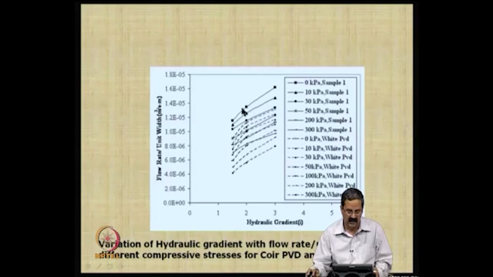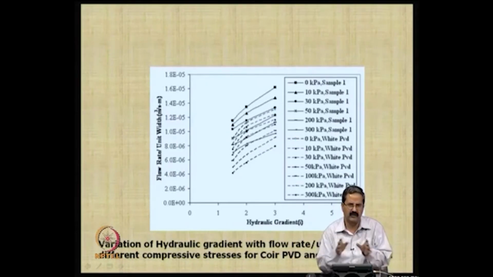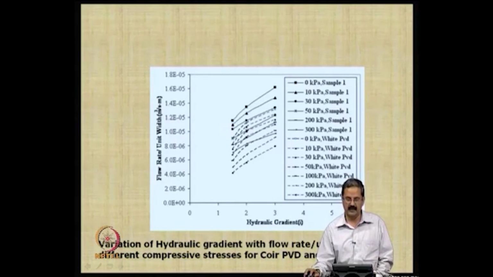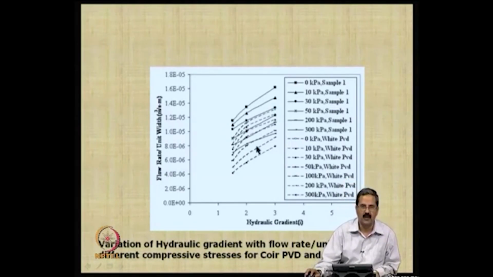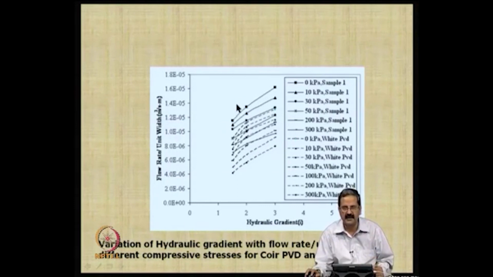That is one important thing: when you see the variation of hydraulic gradient with flow rate per unit width, for different compressive stresses, for coir PVD and synthetic PVD, you can see that the things are quite reasonable, is it not? The advantage is that one can use these materials where they are abundantly available, and people should encourage some of these efforts. Of course, both have their own advantages.